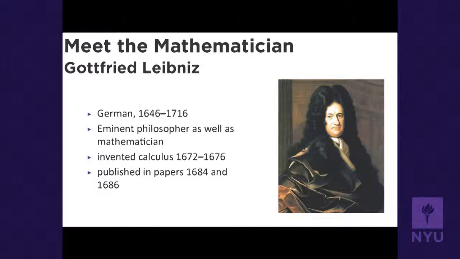But there we have for the first time the word calculus in print, as it relates to a mathematical discipline. Leibniz invented the word calculus, as well as the words derivative and integral. His paper in 1686 was called On Recondite Geometry and the Analysis of Indivisibles and Infinities. So they sure knew how to name their papers back then.